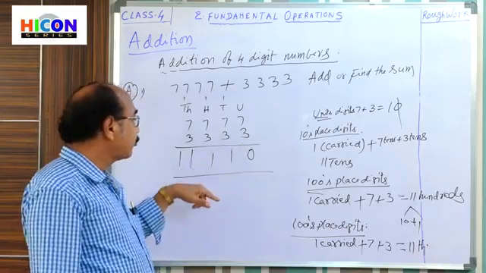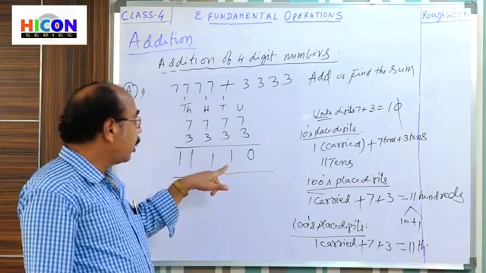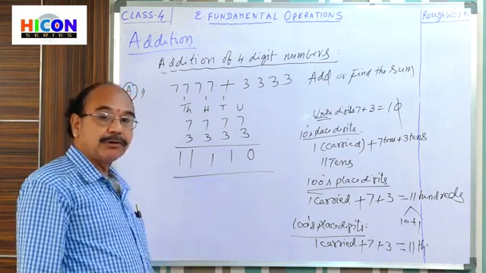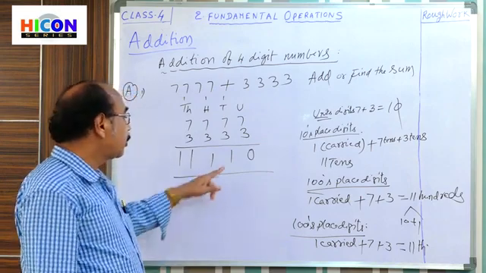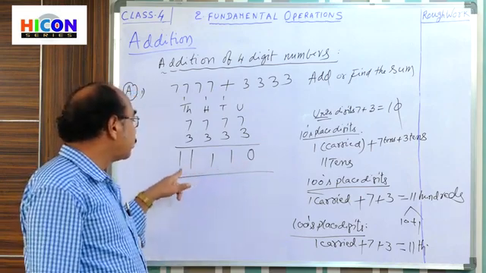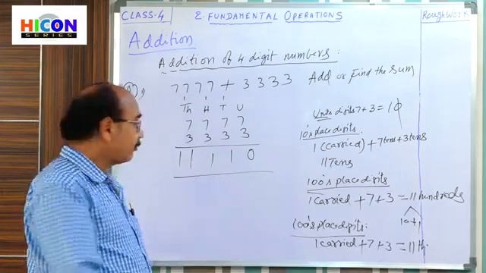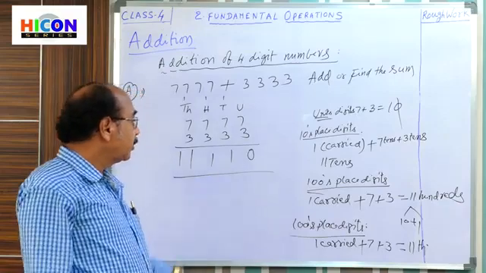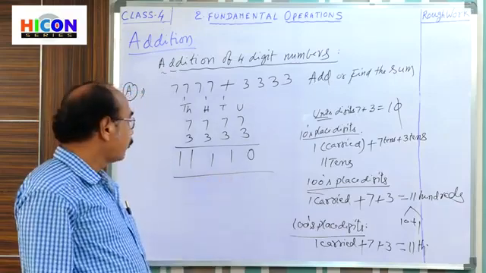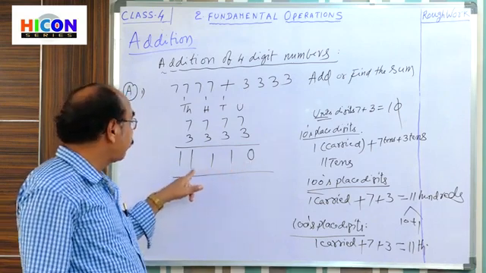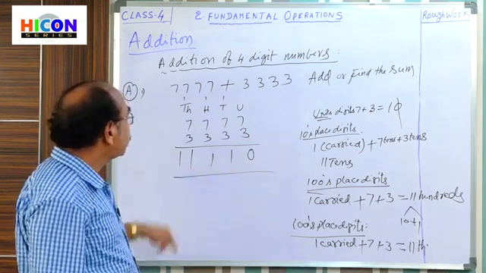After addition, what is the result? 11,110. In this addition, how many digits are there in this total? 1, 2, 3, 4, 5 digits are there.